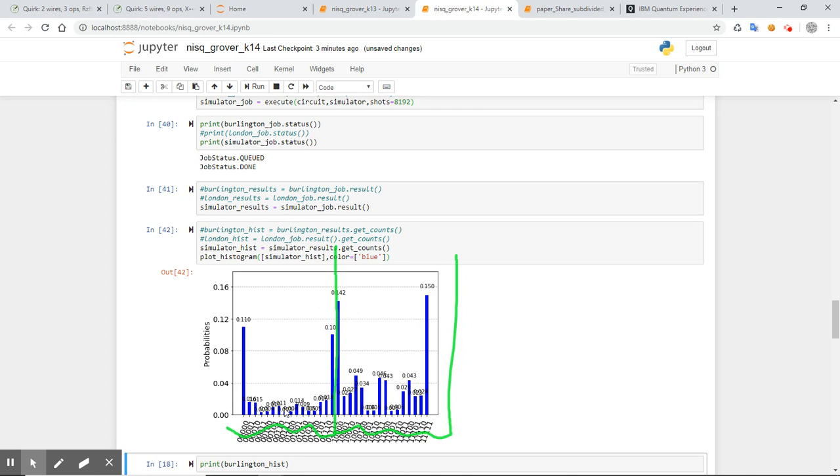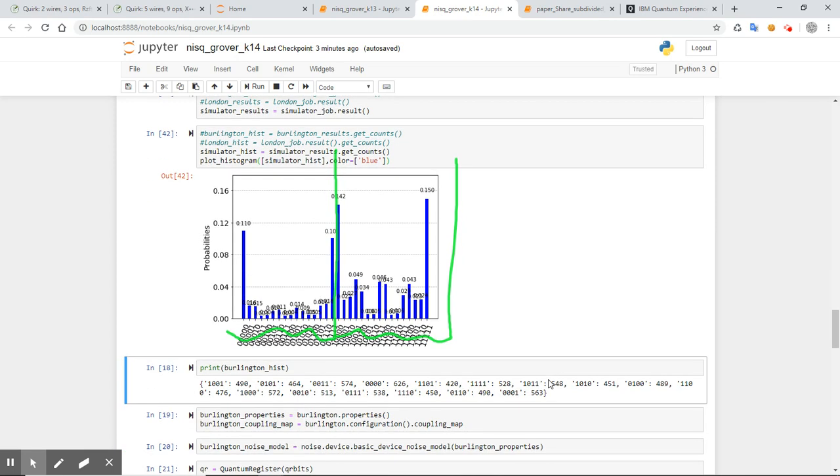I mean, this seems to be noisier because you've got these things here. This simulation seems to be noisier, but still the right solutions are there, right? Which is the last one.